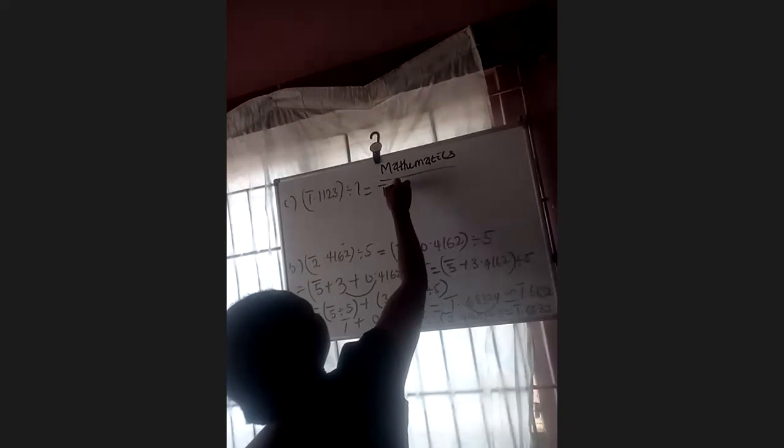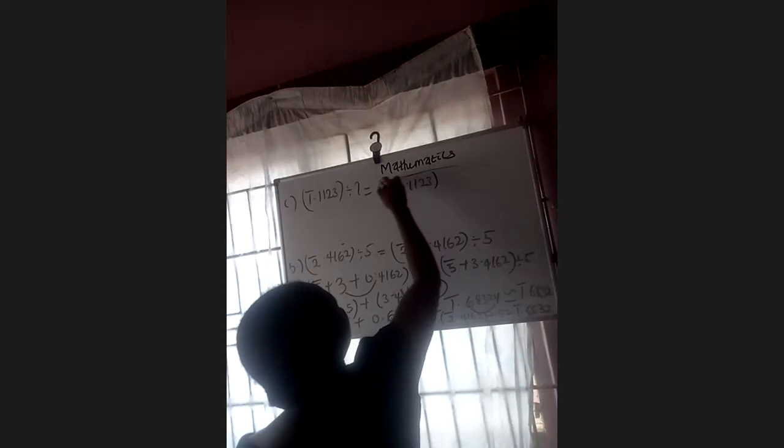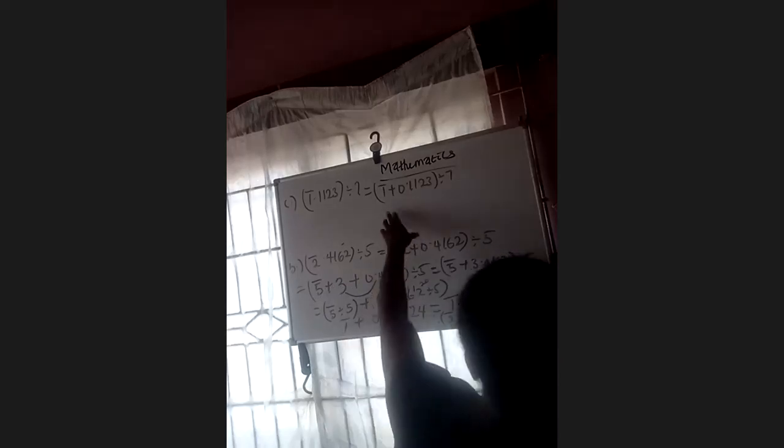So we come to the third example. When we break bar 1.1123 down, we have bar 1 plus 0.1123.